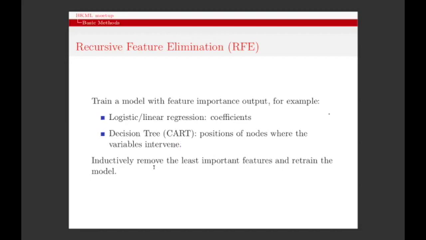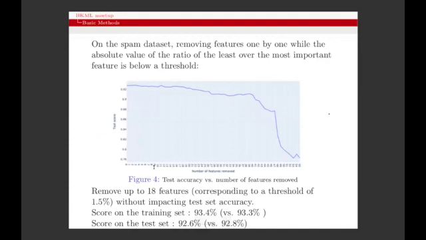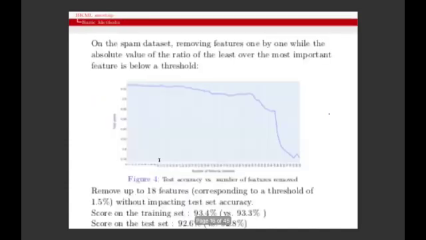We inductively remove the least important features and retrain the model with the subset obtained, and repeat the operation until we satisfy some condition or reach some threshold.